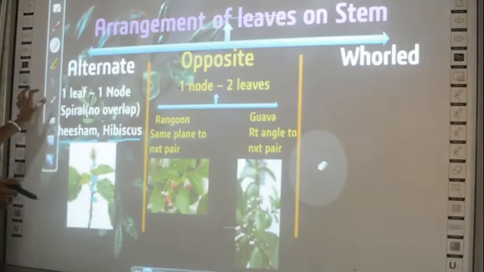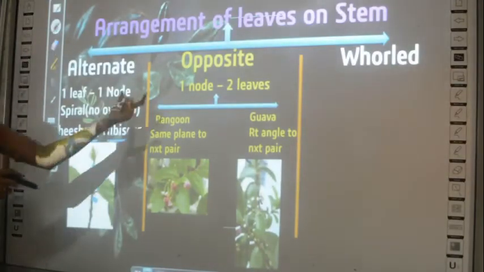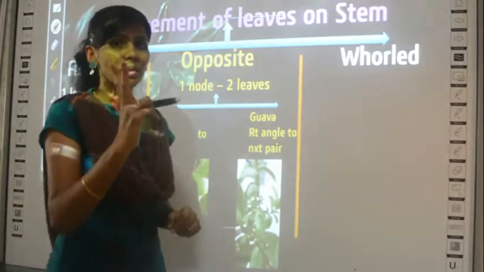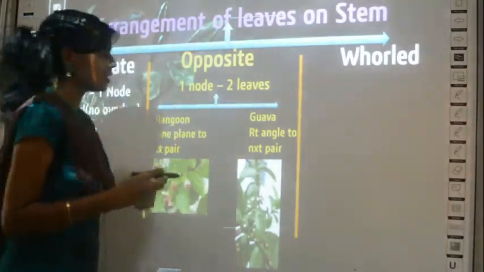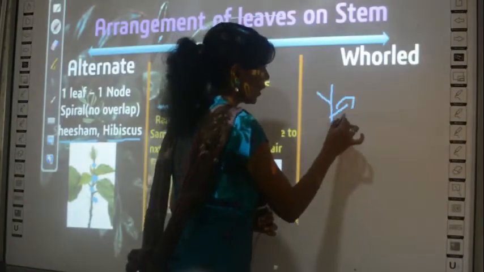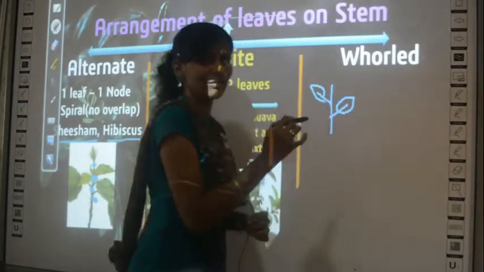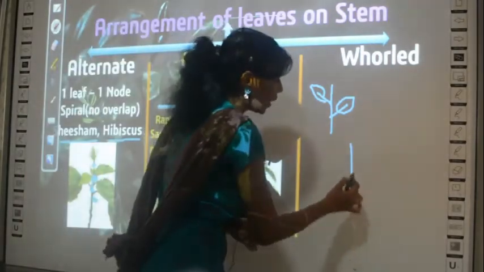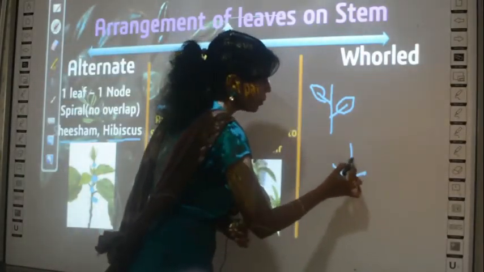So in opposite arrangement, first the explanation part is given. In one node there are two leaves. In alternate arrangement, what did we see? We saw like this, right? In one node there is one leaf. In opposite arrangement, in one node you will have two leaves like this.